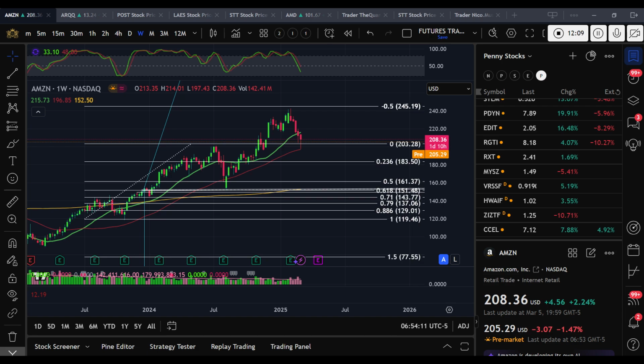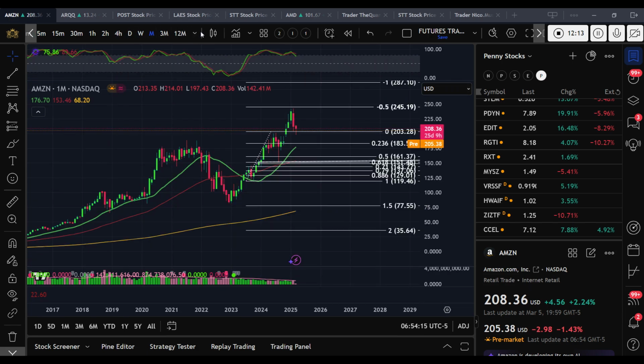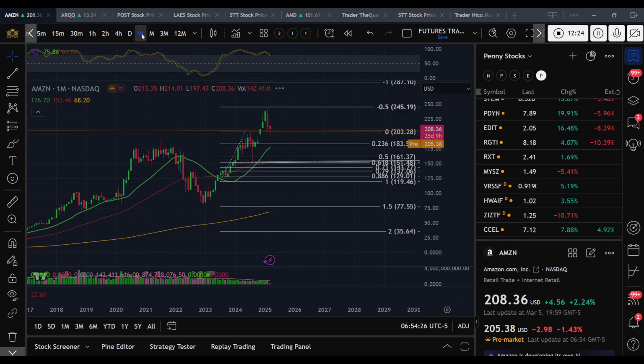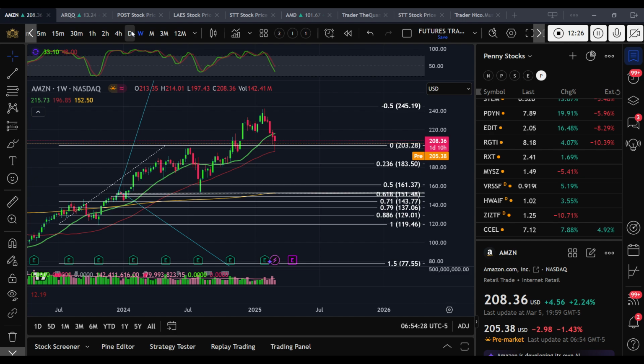If we get some negative news, we'll be back at that level on the monthly. Our next level is 205.38. So just based on the candle and the position of the stochastic, that is highly possible on Amazon.